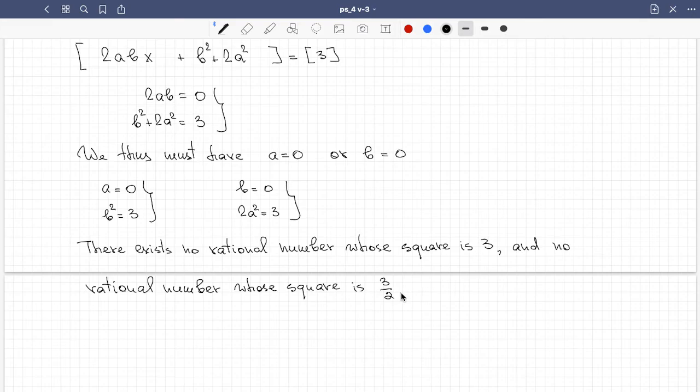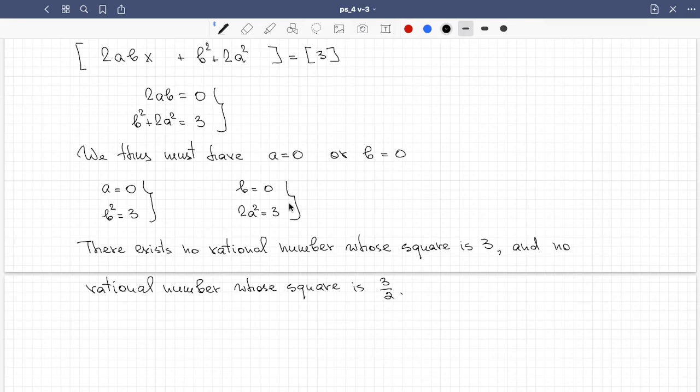A square of a rational number has to have this rational number as integer over integer. We write the decomposition into primes, square, and say that this is not 3 alone. All primes will have positive or negative but even powers in a square.